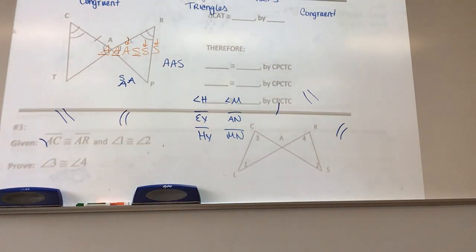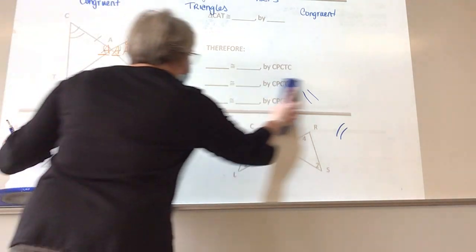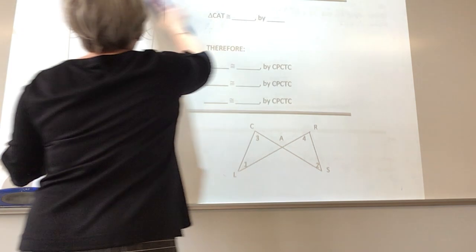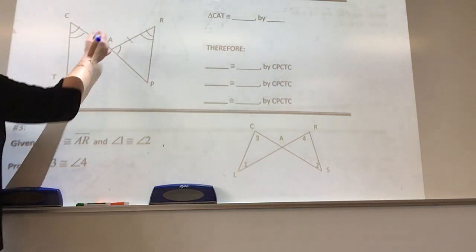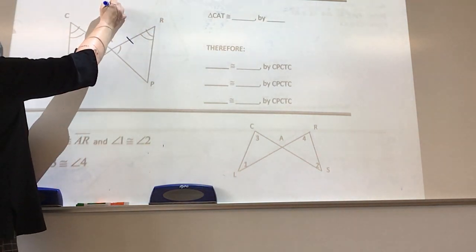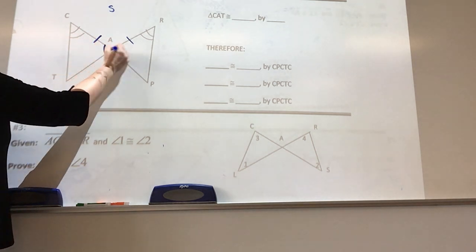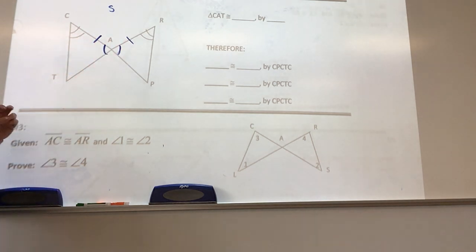Example number 2. Let's go through it again and see how those triangles are congruent. Okay, everybody, I've got a side congruent to a side, so I put an S down. I've got an angle congruent to an angle, so I put a what down, everybody?